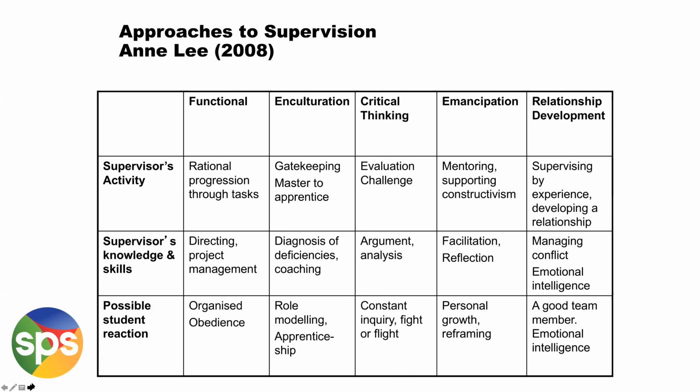Then she suggests the second major approach to supervision is one of enculturation. And here, the supervisor's main activity will be being the master to the student apprentice, modeling and nurturing a particular way of being, and acting as the gatekeeper of the discipline to make sure that only those students that take on that particular cultural way of being should be allowed into the discipline.